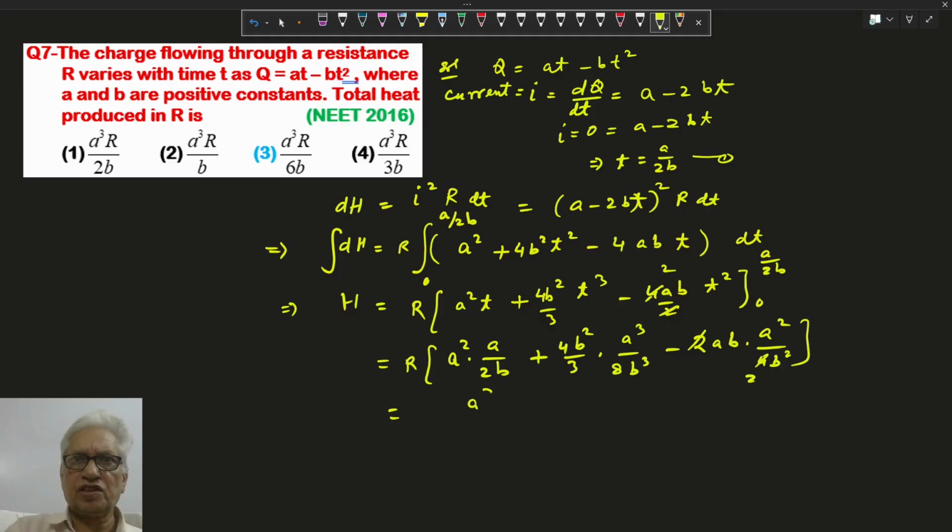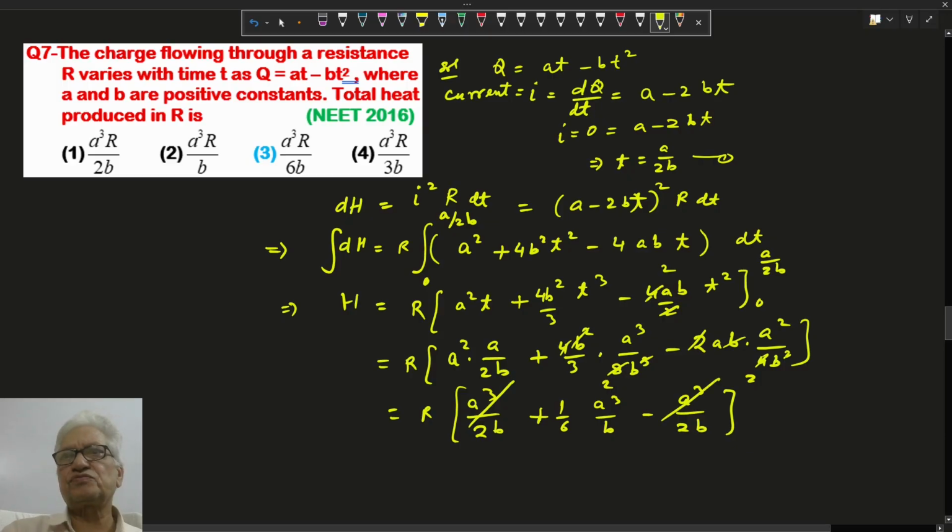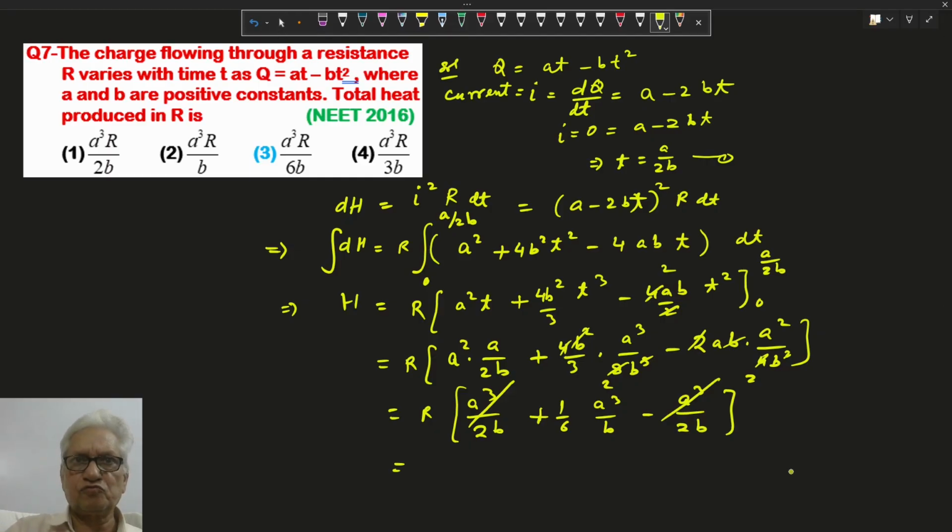Here a cube upon t plus 1 by 6 a cube upon t. Here a cube cancels out. So total heat will be 1 by 6 R a cube upon t.